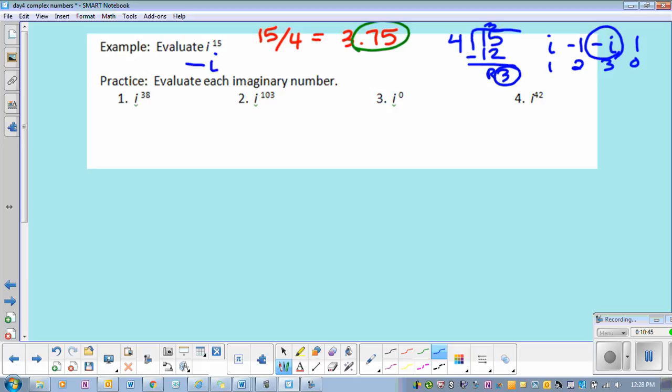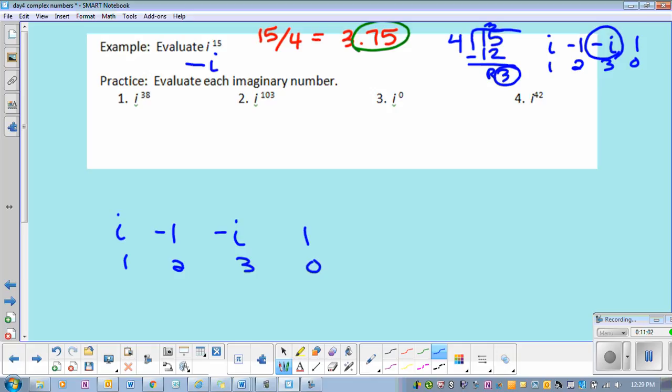Just another way. It's weird, right? I'm going to use the remainder rule. Remainder 1, 2, 3, 0: i, 1, and the 2 in the middle are negative.